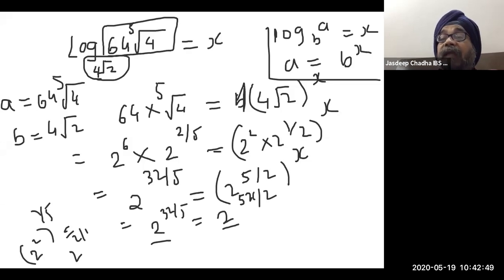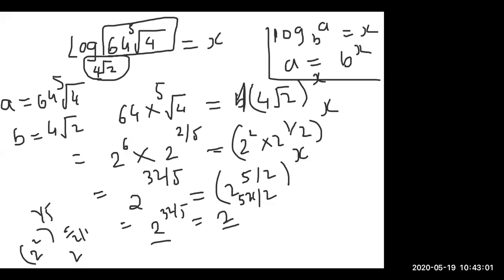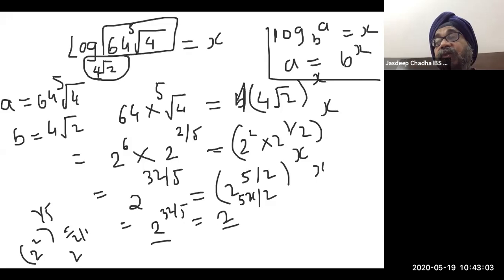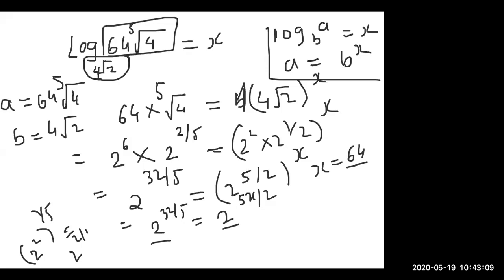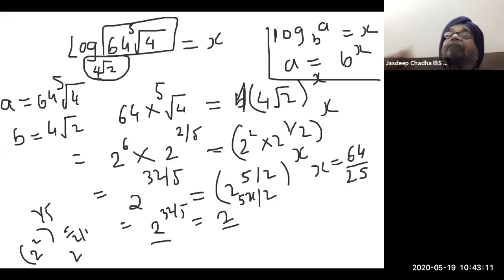So when I equate the powers, what I get? 64 by 25. So x is equal to 64 by 25. Yes, sir. So this is the answer.